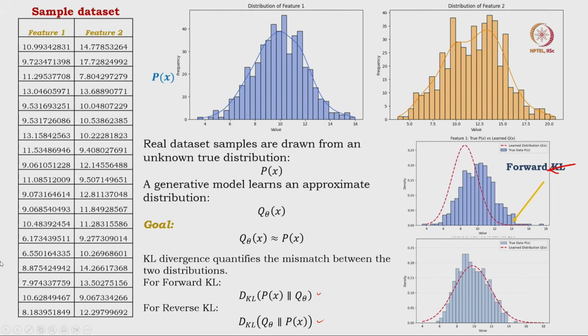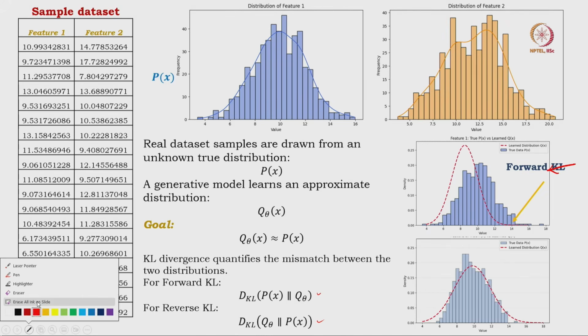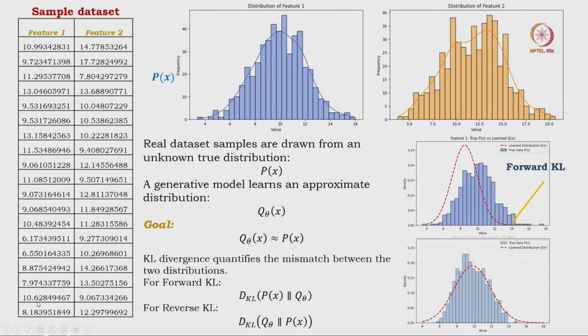At the same time, what is the other scenario? The other scenario is that the model would have learned something like this. You have blue as the original distribution, and the learned distribution Q of x is that dotted red. Observe very carefully what the model has learned. The model has learned something where P does not have the value at all.